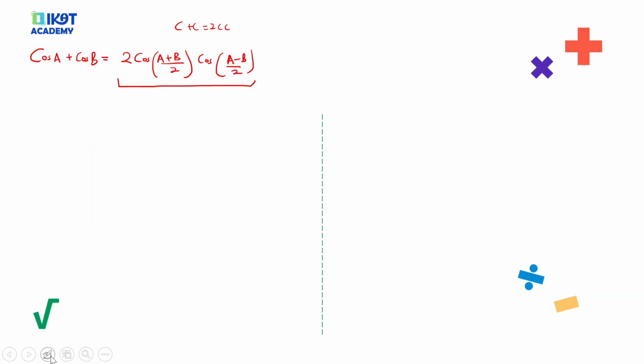Let me change the color so that it makes much more sense. Now if we have something like this, anytime you have 2 cos with something in the bracket and something in the bracket, that thing can be brought back to an expression like cos plus cos. How do we do it?